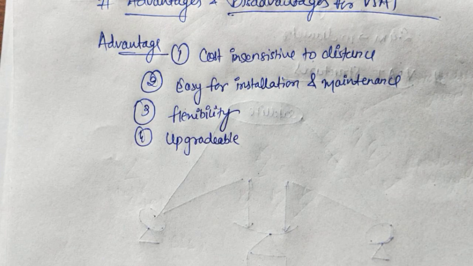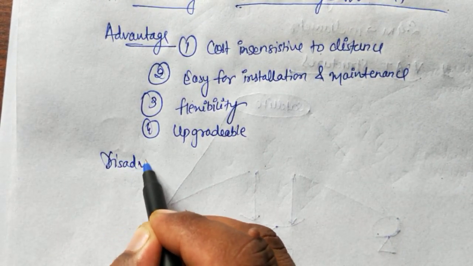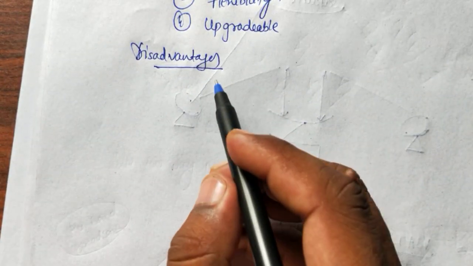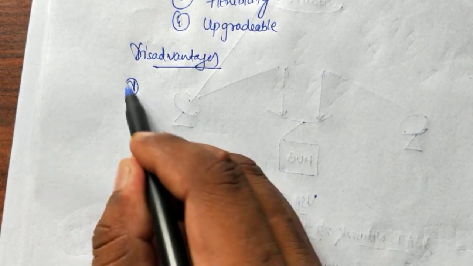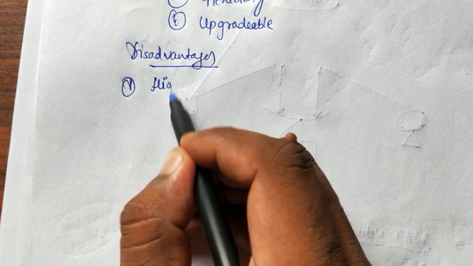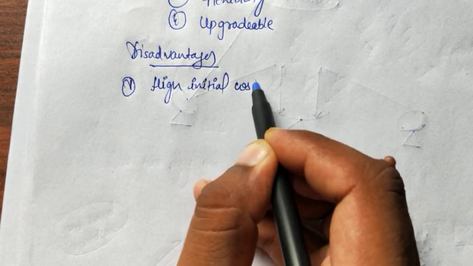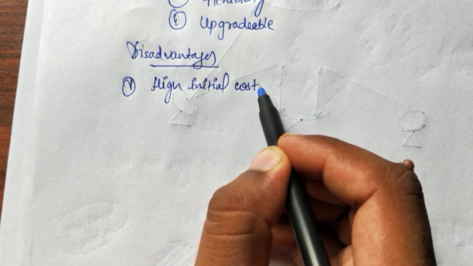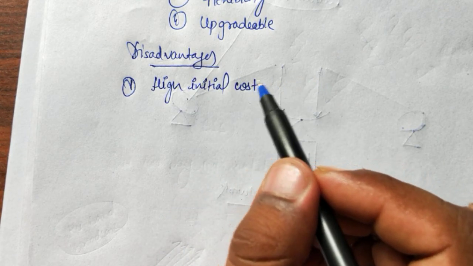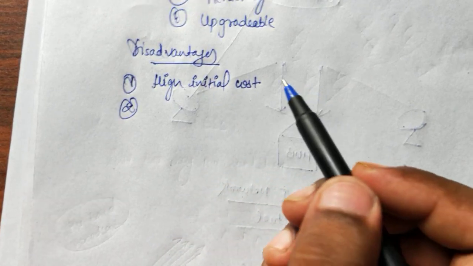That is reliable. So let's go for the disadvantages of this Vsat. The first one is high initial cost. That is, the hub and basic elements must be placed before the services can be provided, so the initialization cost is quite high.